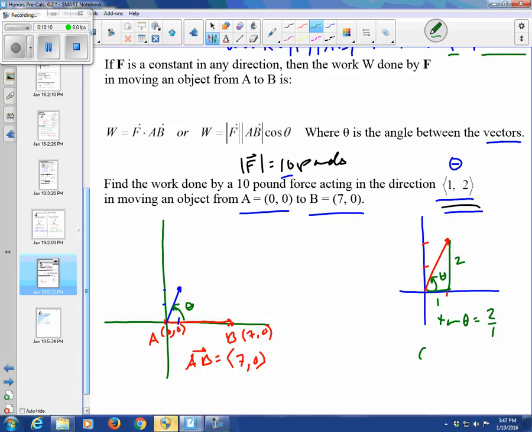So that means theta itself is going to be inverse tan of 2. So we're able to get our angle theta in this way.